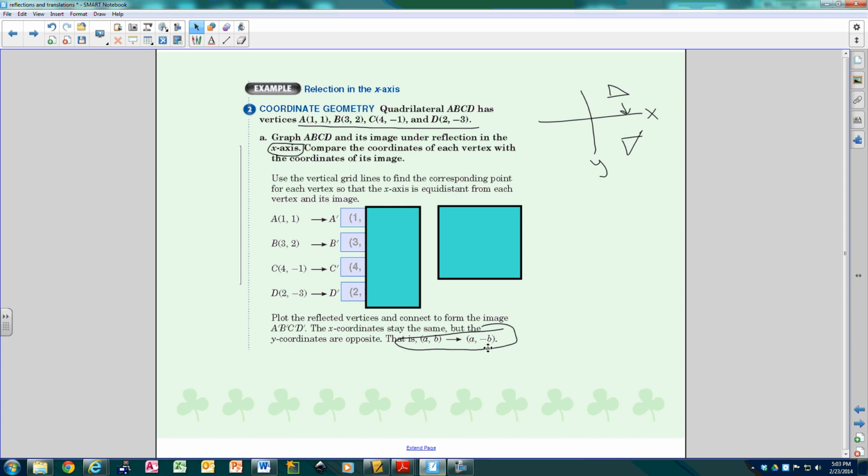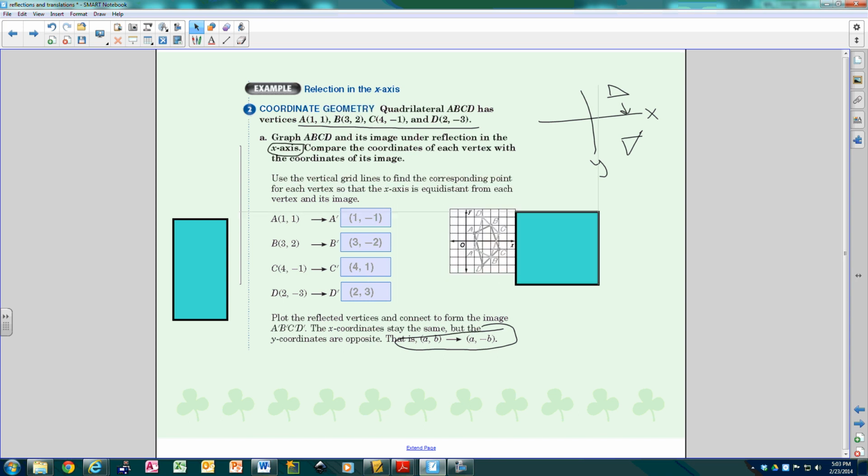And all your y-values are going to change sign. So this 1 becomes -1. This 2 becomes -2. -1 will become +1, and -3 will become +3. So then you get your new points. And then when you draw all of the points on there, see how this is your point A right here? This was the original point A, 1, 1.